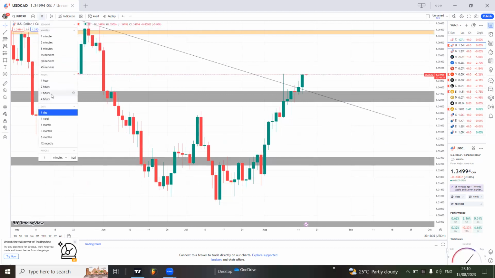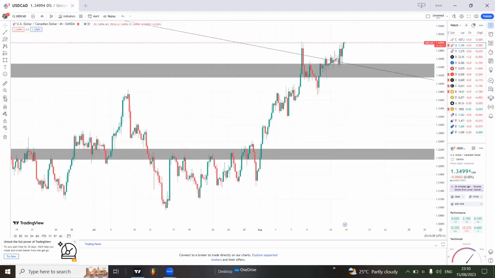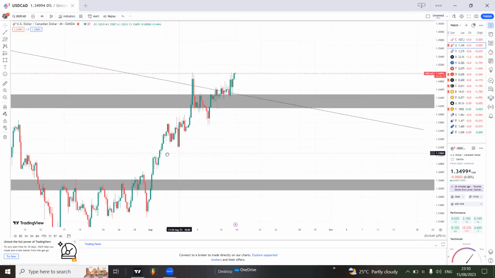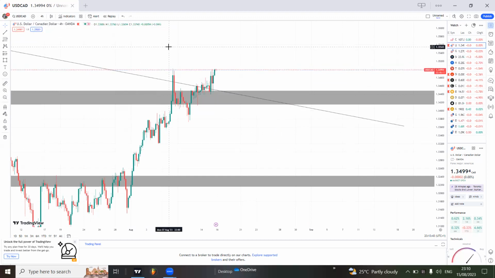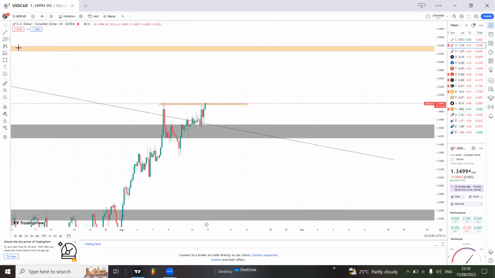So let's see what's happening on the 4 hour time frame. Okay, good. We have broken out. So what I'm seeing on Usdcad is a breakout retest.